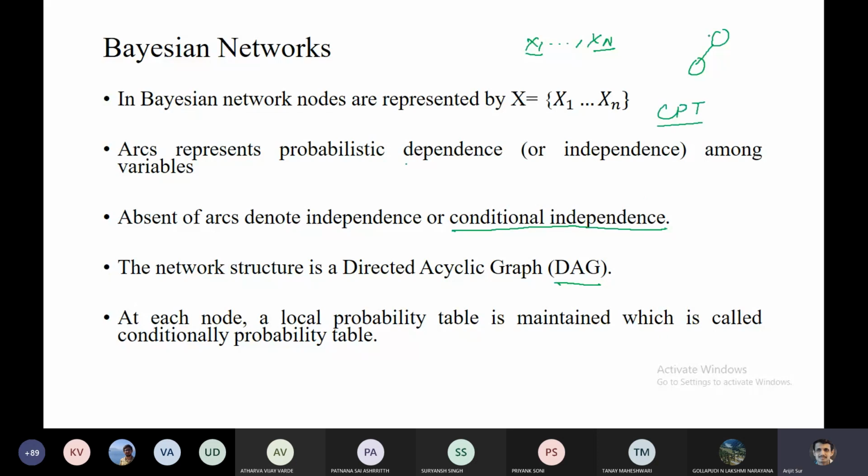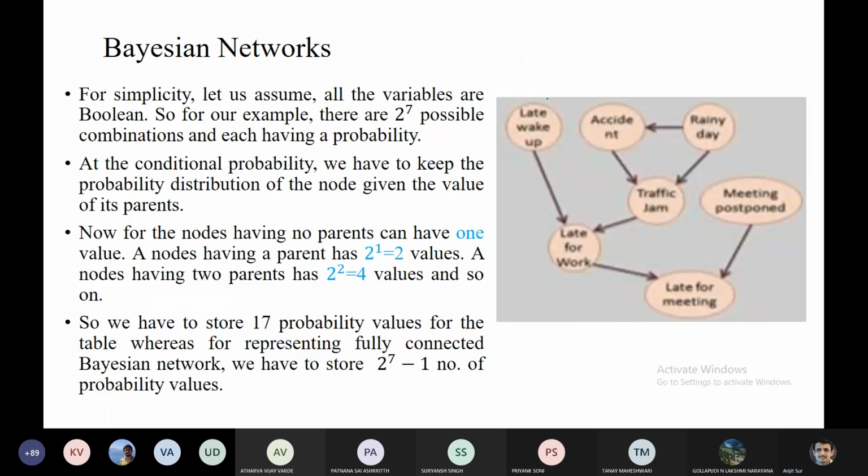So for each node, how it is conditionally dependent or independent, or some sort of cause-effect relationship holds with the other nodes, that is captured in the table related to that particular node. So this is the formal description of a Bayesian network. The same picture is there. Now, first of all, let's see how it actually helps.